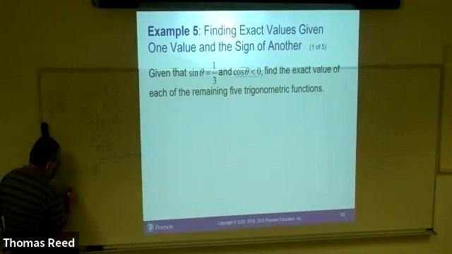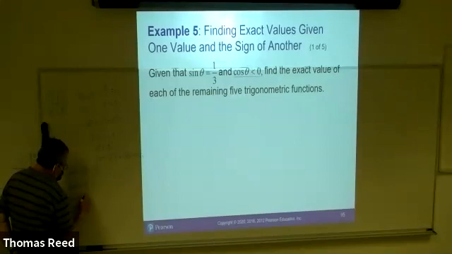And we know tangent. There's a couple of ways to deal with tangent. I can say tangent is y over x, or I can say tangent is sine over cosine theta.